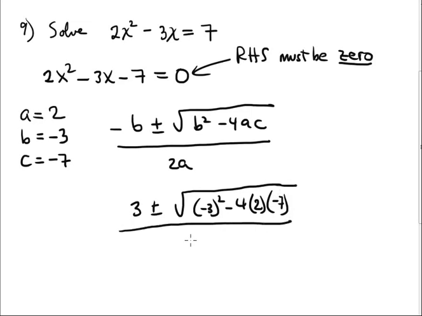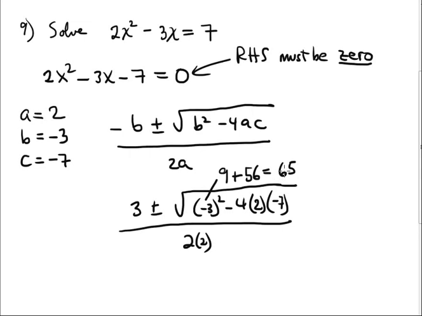Everything divided by 2 times 2 because a is 2. So this is 9. Double negative is positive, and 4 times 2 is 8. 8 times 7 is 56. And when you add it, this is 65.